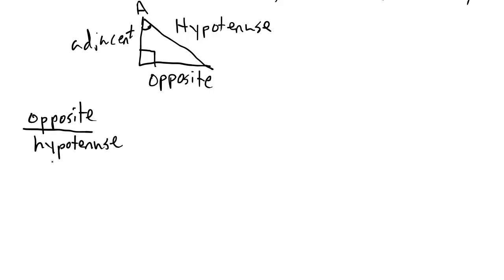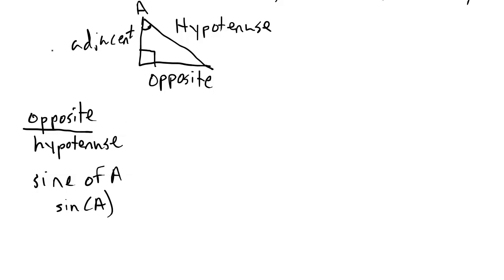And we call this one sine, and we define it based off that angle, so it's sine of A. We write that out as sine A or sin A. You might have seen the sin button and the cos and the tan button. This is what we're dealing with.